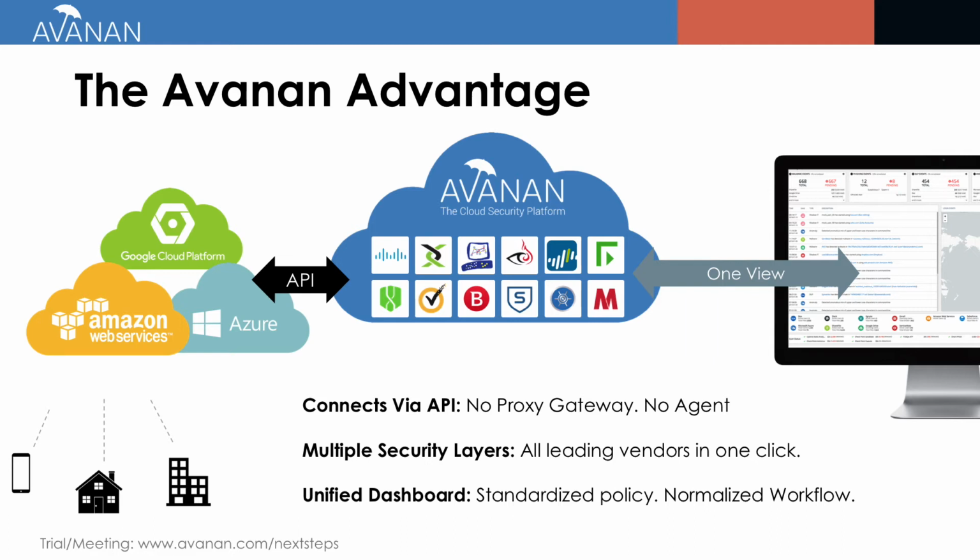So now that we have this connectivity, we're able to monitor all these events, scan them with the security tools that you choose for your cloud assets, and bring it all into a unified dashboard that presents all the results within one screen. So this is the high level.